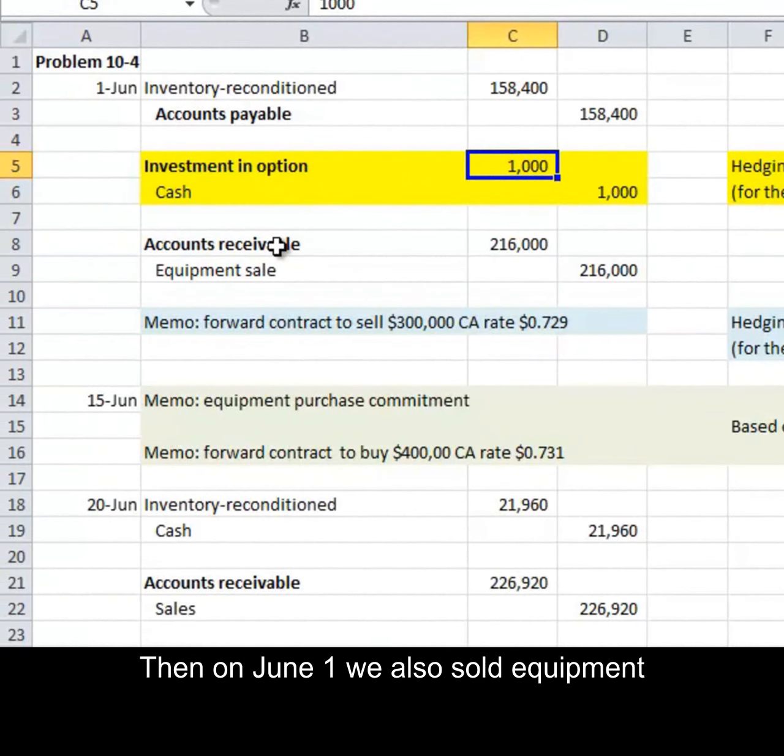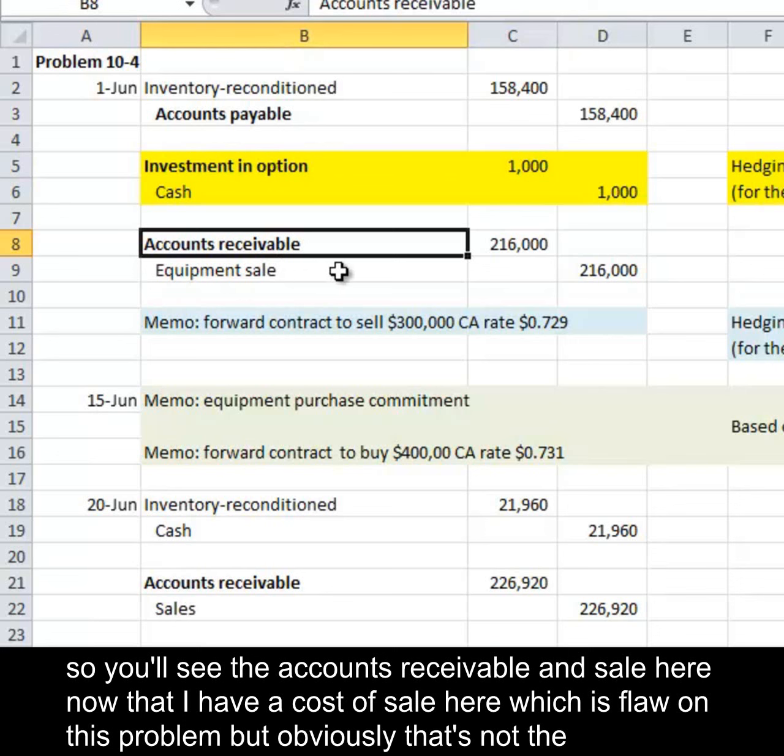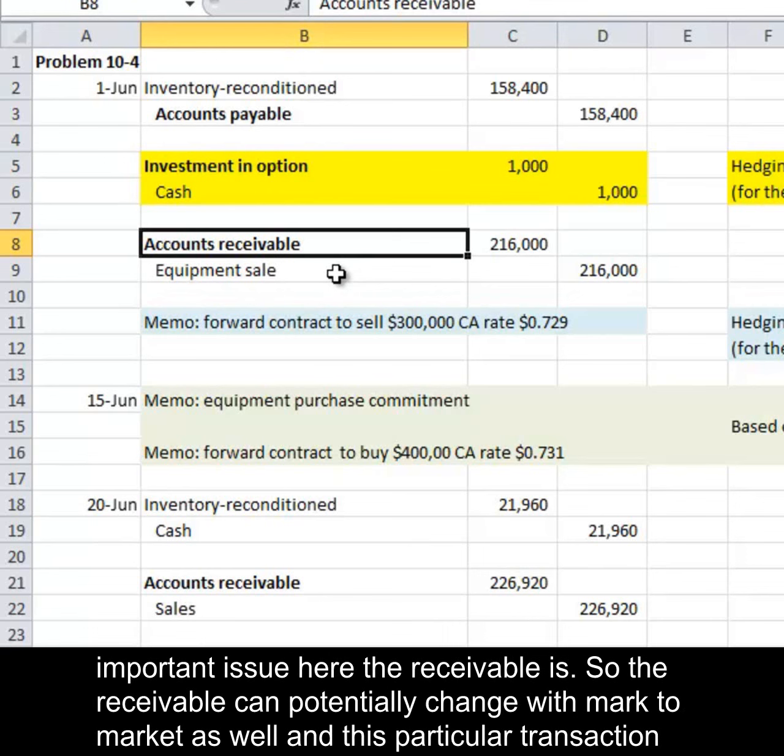Then on June 1st, we also sold equipment. So you'll see the accounts receivable and sale here. Now they don't have a cost of sale here, which is a flaw in this problem, but obviously that's not the important issue here. The receivable is. So the receivable can potentially change with mark to market as well. And this particular transaction, we're hedging with a forward contract.